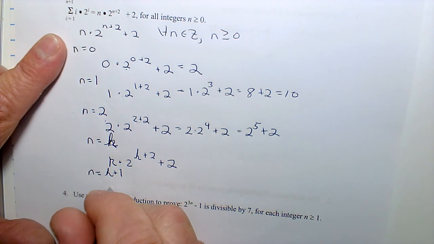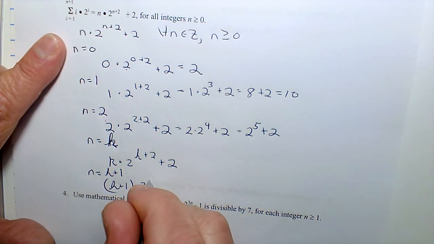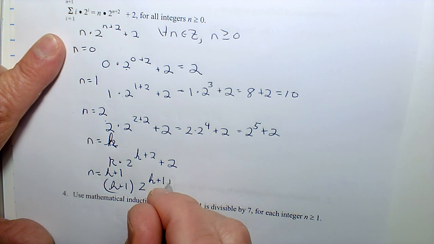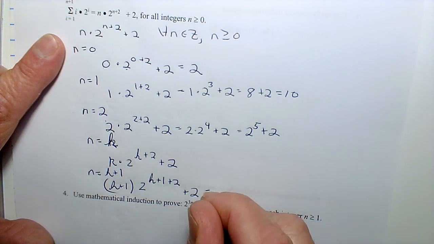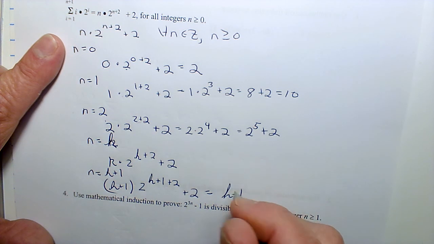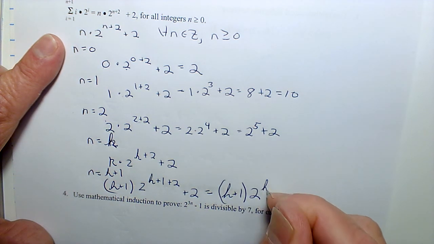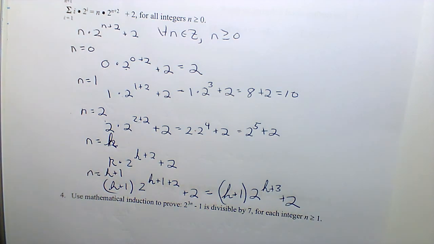Well, you're going to take k plus 1 times 2 to the k plus 1 plus 2, and then add another 2. Or in simplified form, I know it doesn't look that simple, k plus 1 times 2 to the k plus 3, plus 2. Those hints should help you in being able to do number 3.